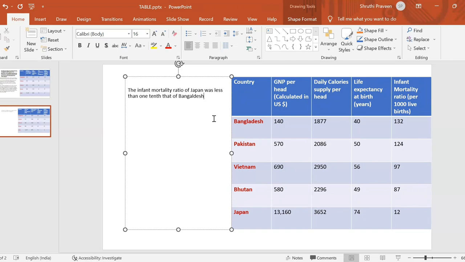Now, why are we making this comparison? Because here we can compare the GNP of Bangladesh to Japan, which is like again 100th. I think it's 100 because 140 into 100 will be 14,000. So again, it's less than 100th, right?